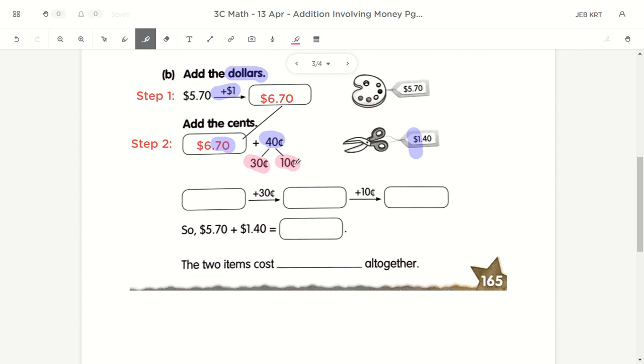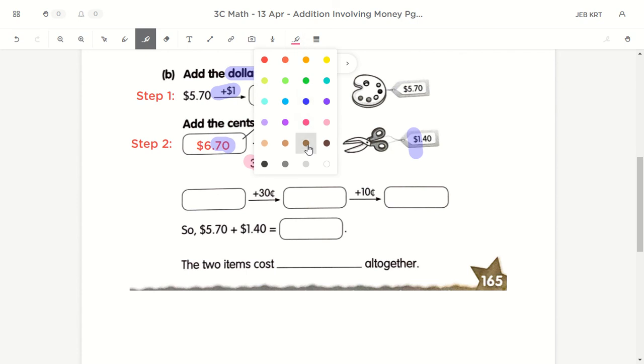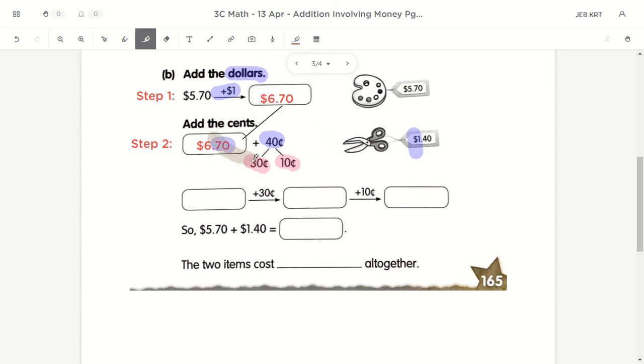So why 30 and 10 and not 20 and 20? Because when I use 30 and 10, 70 plus 30 will make $1, which is easy for me to add. Okay, so what I have here, this $6.70, I'll bring it down over here.